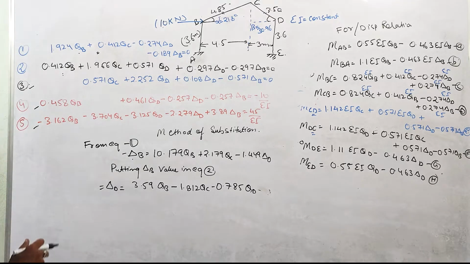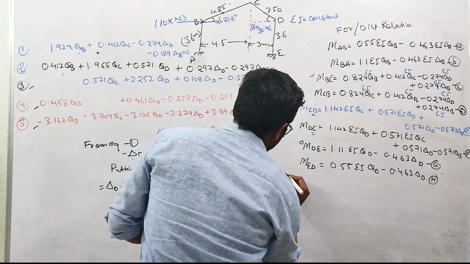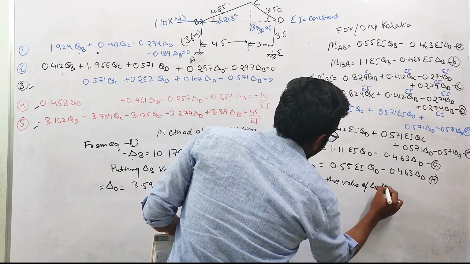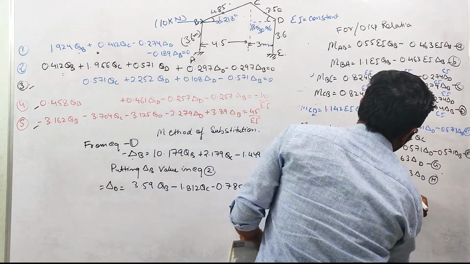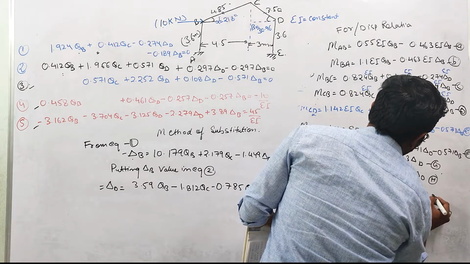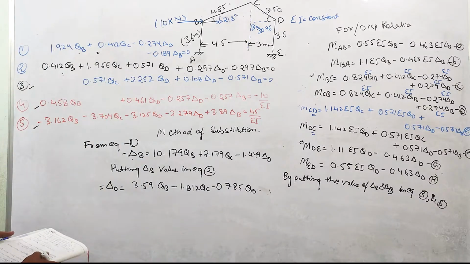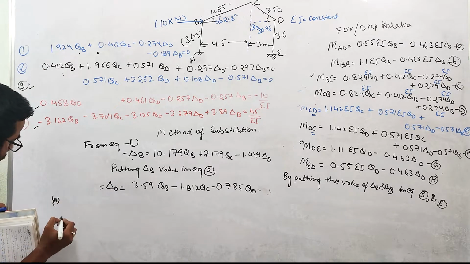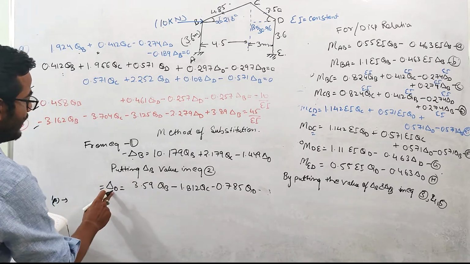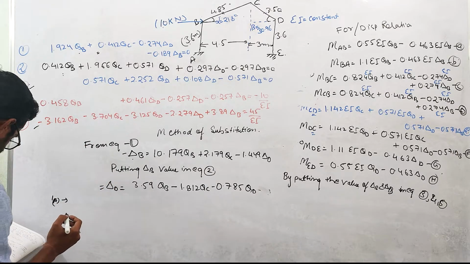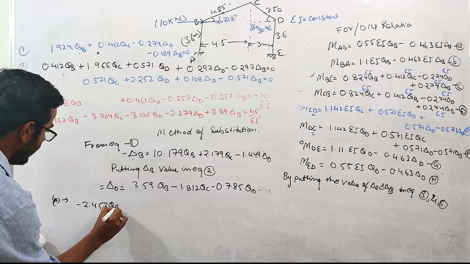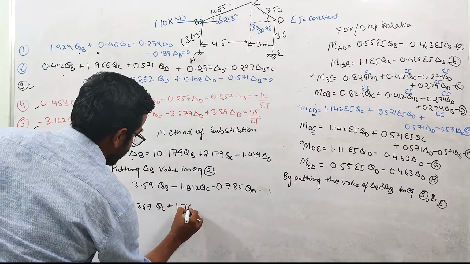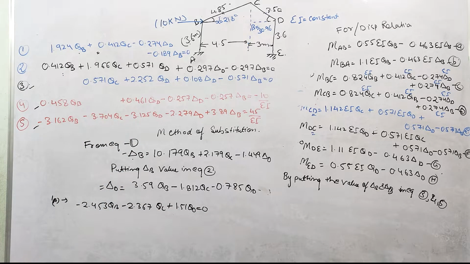Putting the values of delta B and delta D in equation 3, let us call the result equation 1a: minus 2.453 theta B minus 2.367 theta C plus 1.51 theta D equals 0.